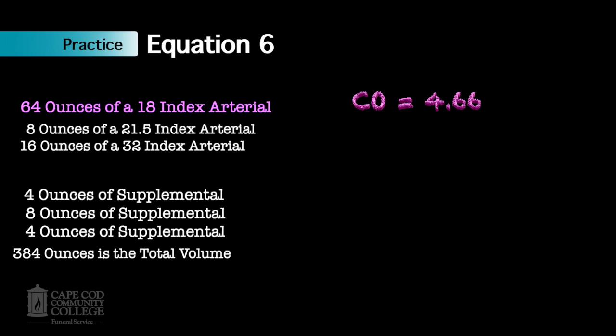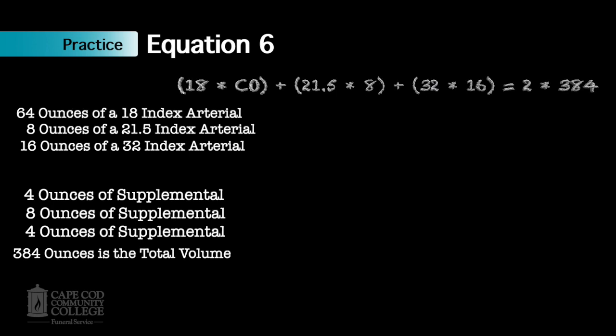The answer is 4.66 concentrated ounces. We'll start by filling out the equation that we're very familiar with, plugging in what we know, and using letters for what we don't know and what we want to solve for.